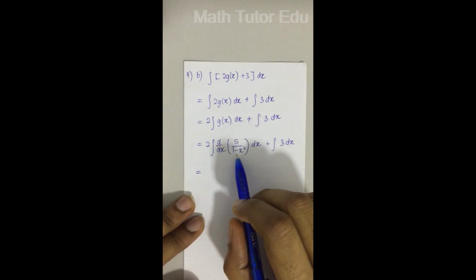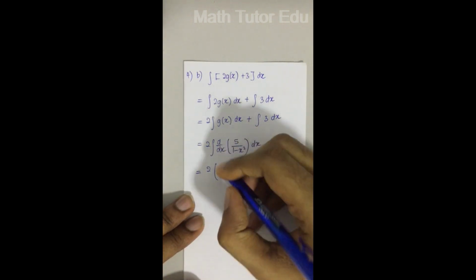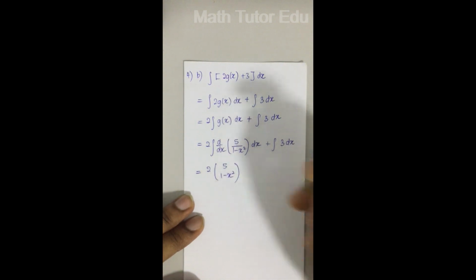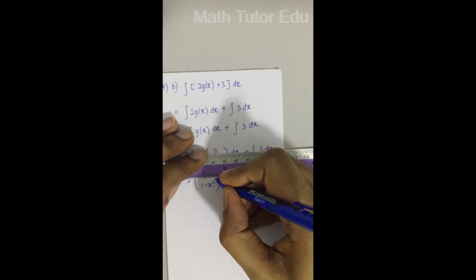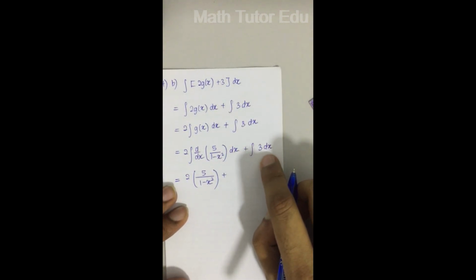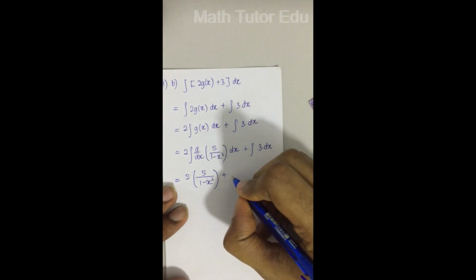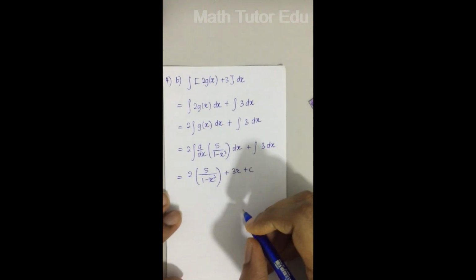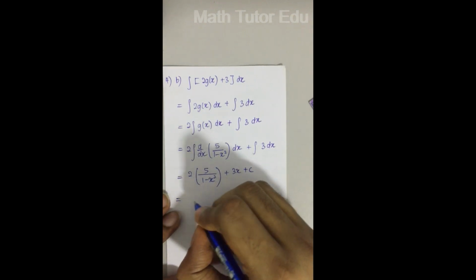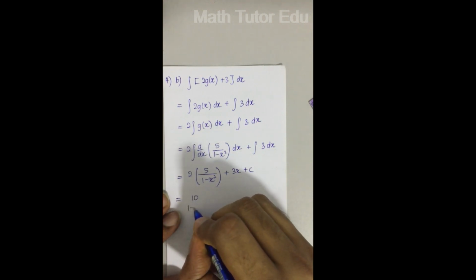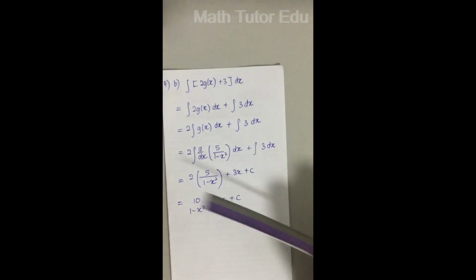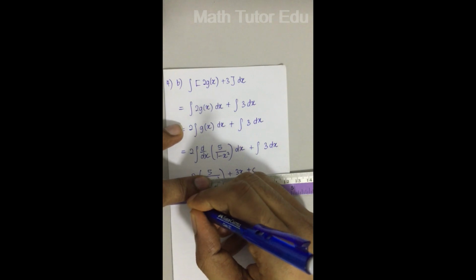So you should get 2 times 5 over 1 minus x square, plus the integral of 3, which is 3x plus c. So 2 times 5 divided by 1 minus x square gives 10 divided by 1 minus x square plus 3x plus c. This is your answer for question 4 part B.